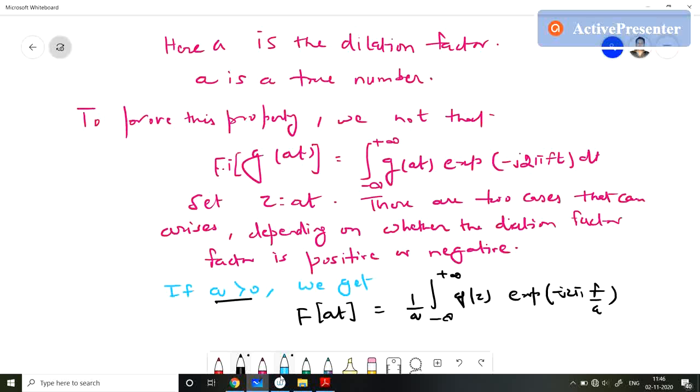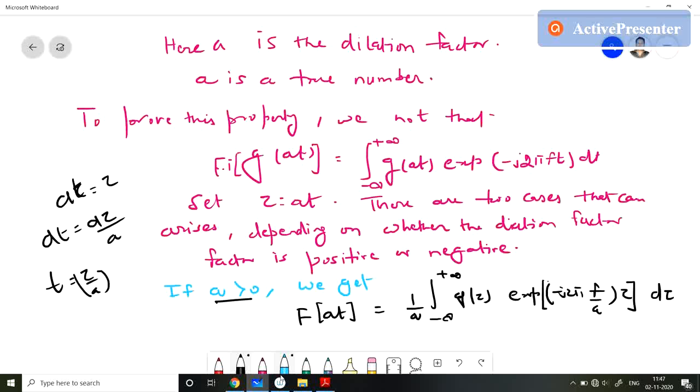The frequency will change to f divided by a multiplied by tau. We have taken at is equal to tau, so dt will change to d tau divided by a. So here we are getting the factor 1 by a that we have put outside the integral. We have replaced at with tau, and t is also replaced with tau by a.